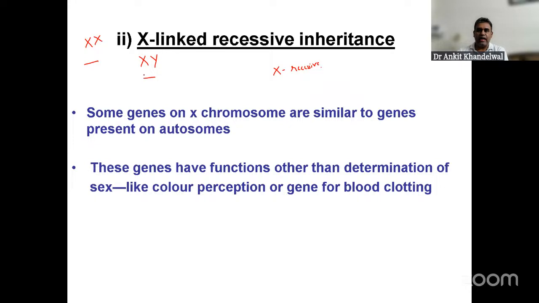In XY, if an X-linked recessive comes, will it present clinically or not? Obviously it will. In XX females, if there is an X-linked recessive in heterozygous form, only a single dose, will it affect? I don't think it will. X-linked recessive will act like an autosomal recessive in females.